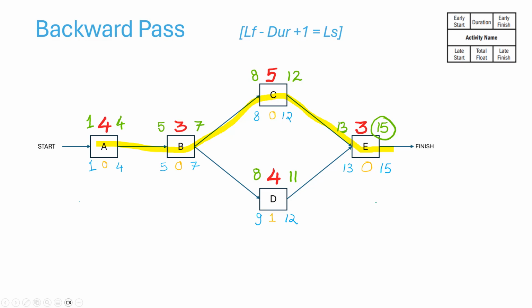So what I would like you to do is draw this diagram on a piece of paper and manually redo this exercise. It's very important that you practice. What can you expect on the exam?